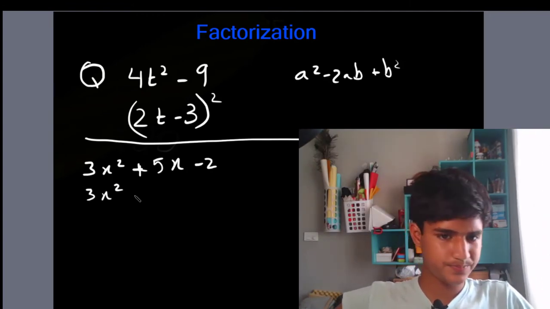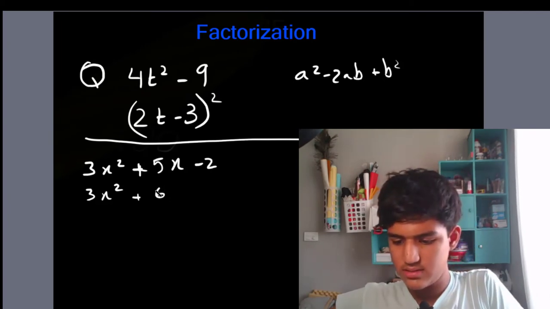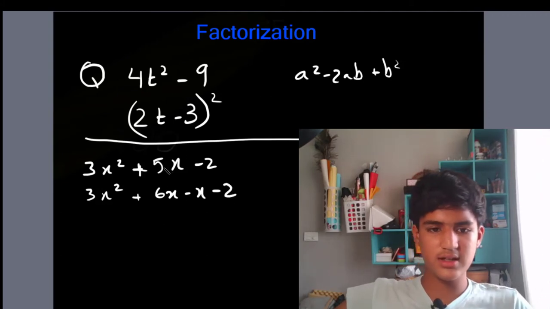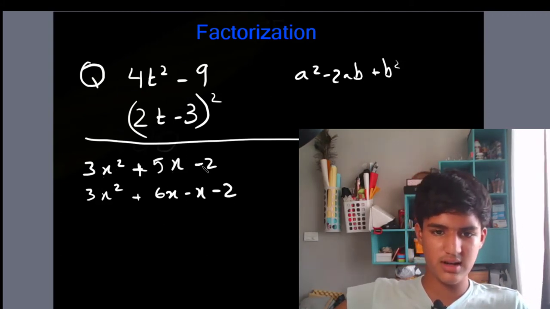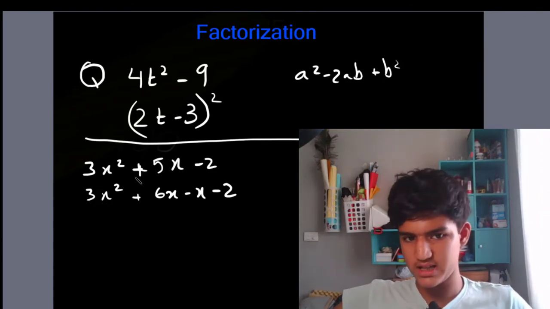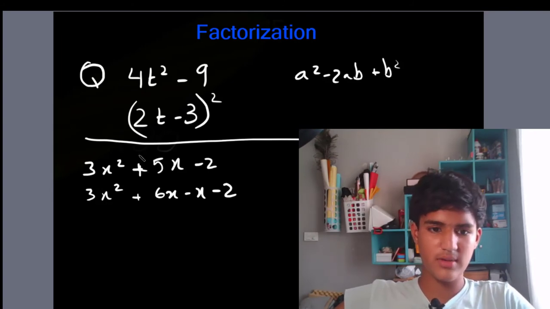3x squared plus 6x minus x minus 2. The reason we didn't do 3 and 2 is because 3 plus 2 is 5, so minus 3 minus 2 would be minus 5. I kept trying combinations, and it didn't work.